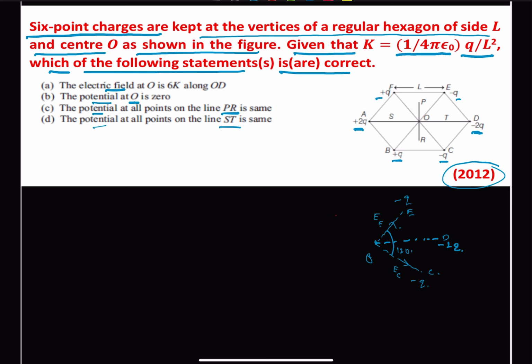This point is our F, and the charge is plus q, and the electric field because of this plus q will also be along EC in this direction. Let us call this EF.